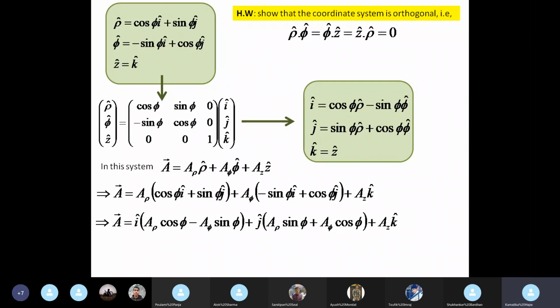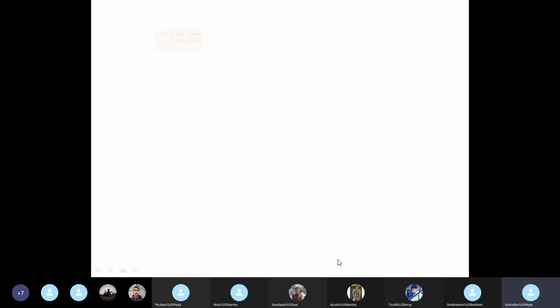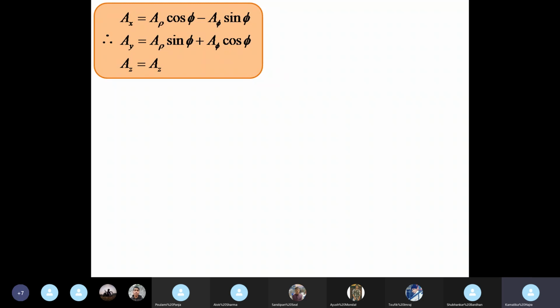So basically we have got the x component, the y component and the z component. Okay, so using the expressions of rho phi z, I have expressed a vector from the cylindrical system in terms of the Cartesian system. So the components of the Cartesian system in terms of the cylindrical components are this. All right.